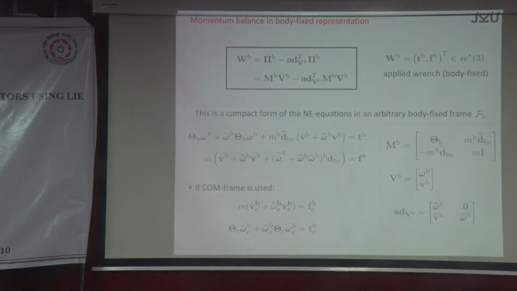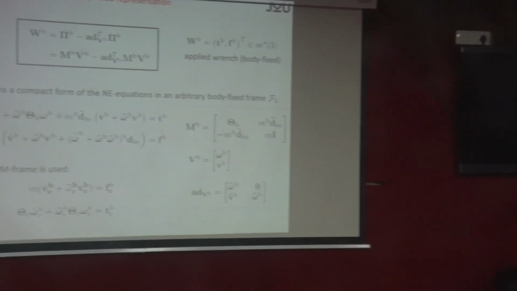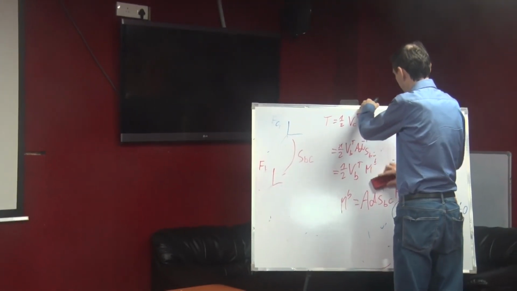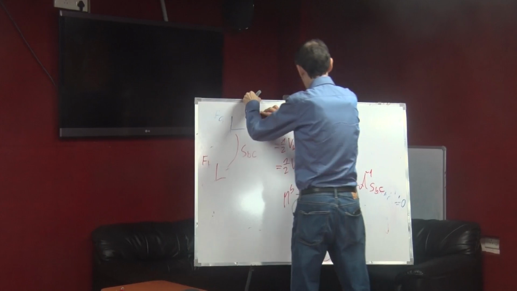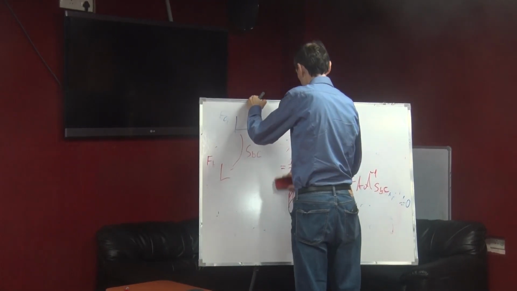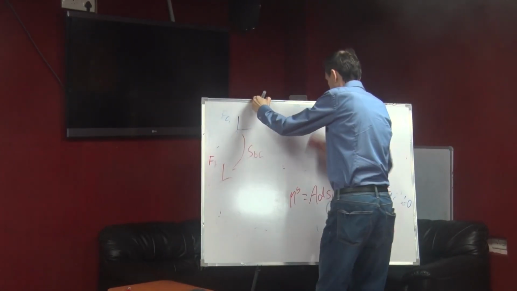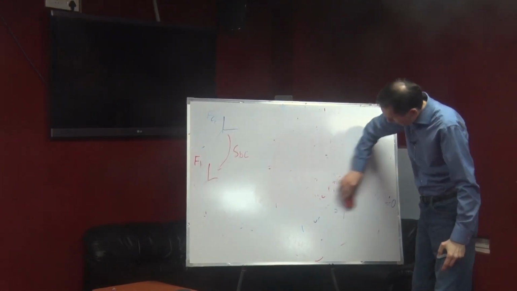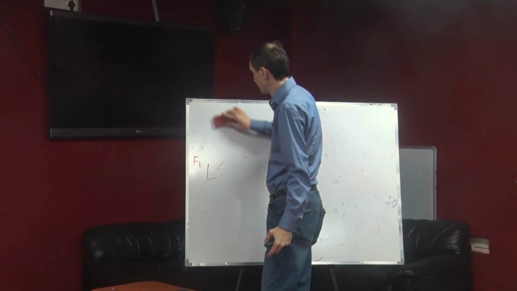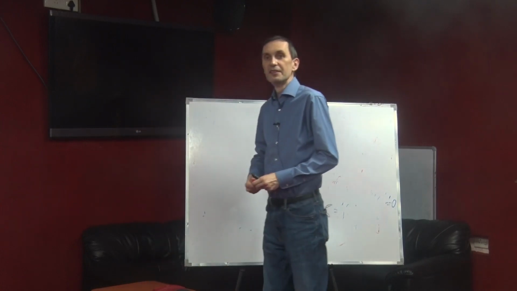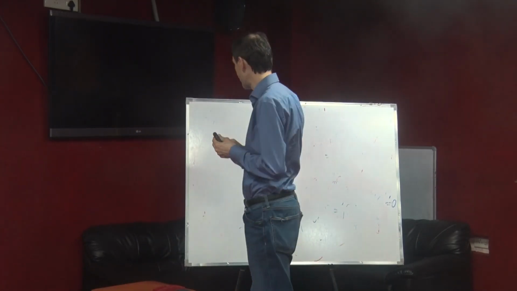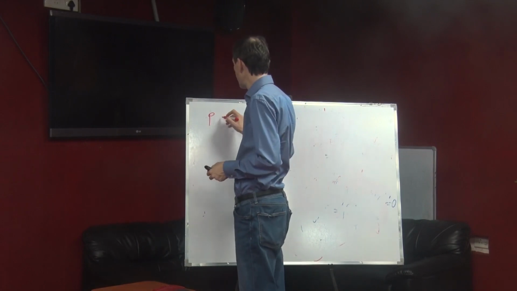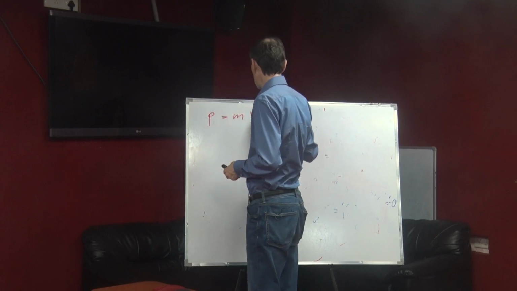So what was the linear momentum? Exactly, you exactly know it. So the linear momentum was defined as m times v.